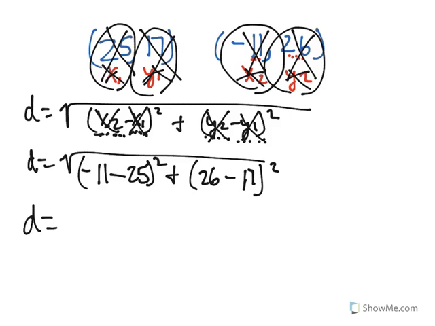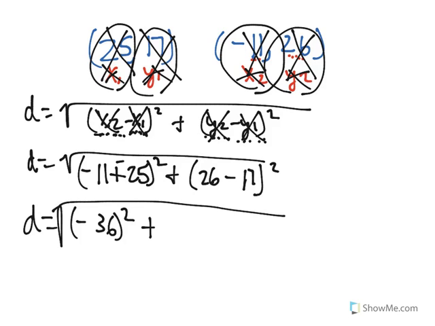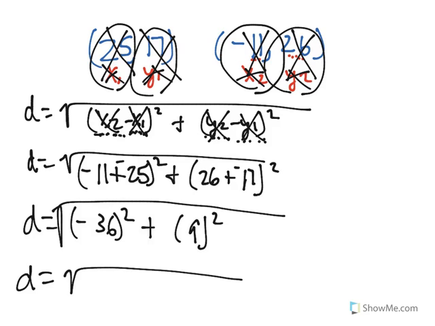-11 minus 25, -11 plus -25, -36 squared plus 26 plus negative 17, which is 9 squared. D equals negative 36 squared. Negative 36 times negative 36, 1296 plus 9 squared, 81.